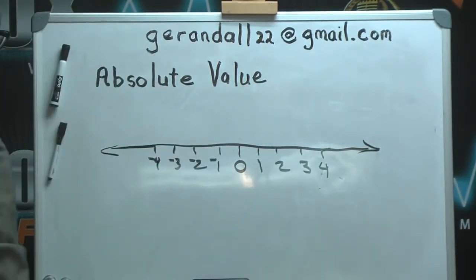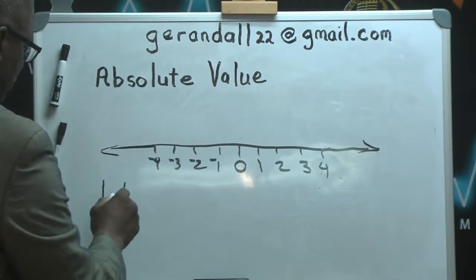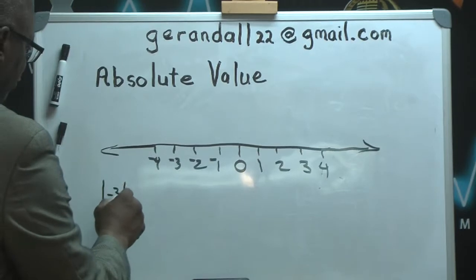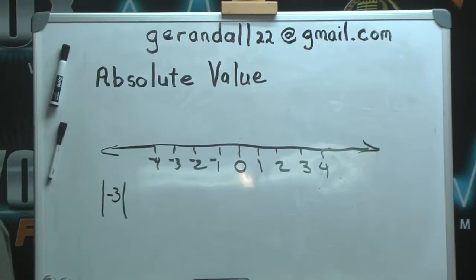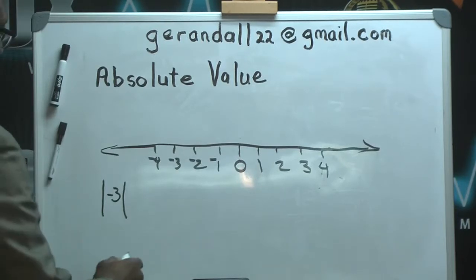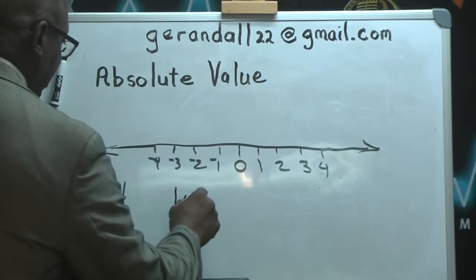And the symbol for absolute value is two straight lines, and it could be a negative 3 in absolute value, which says the absolute value of negative 3. Or you may have something that looks like this, the absolute value of 4.